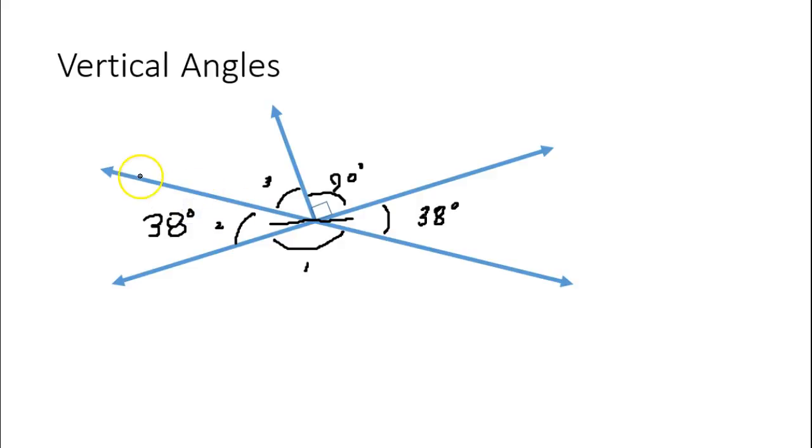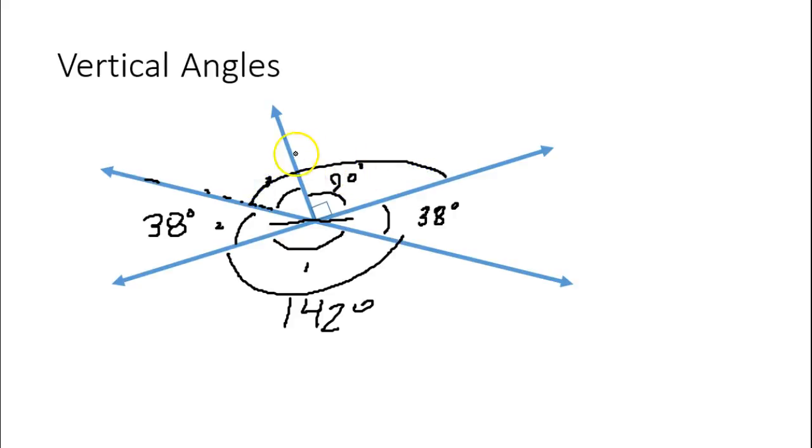And also, since I've got this straight line going right down through here, I know that angle 1 and 38 degrees are supplementary. So angle 1 will be 142 degrees, because 180 minus 38 is 142. So since this whole angle is 142 degrees, I know that this whole angle is 142 degrees.